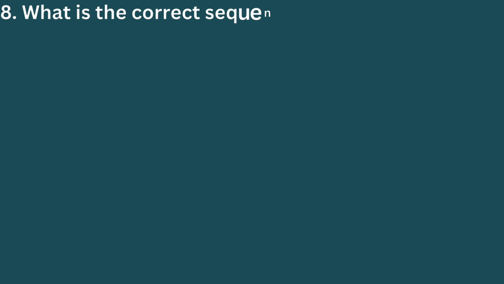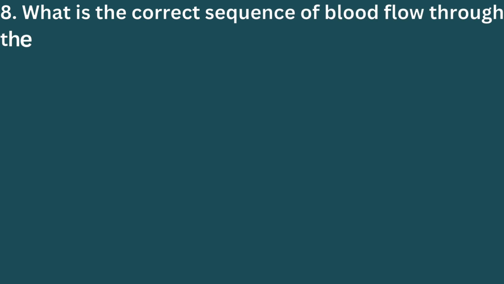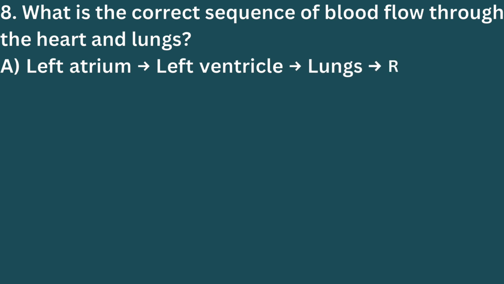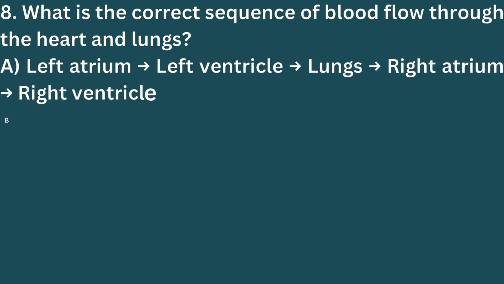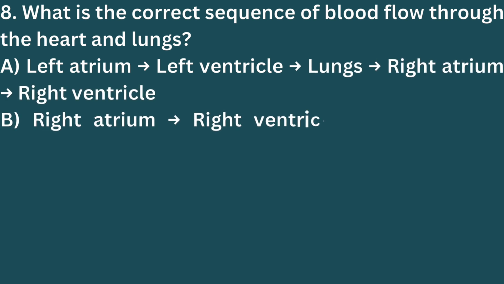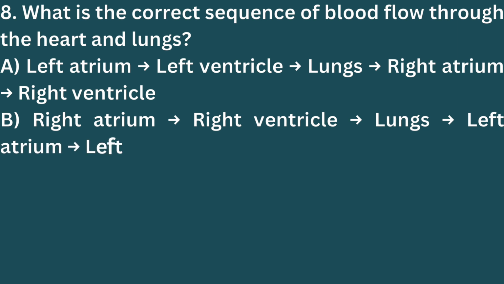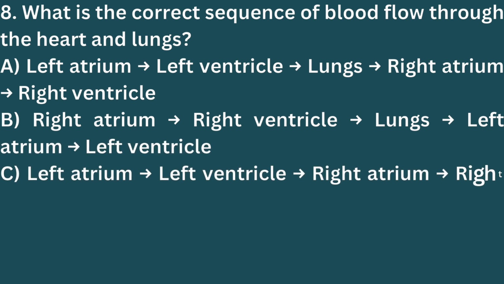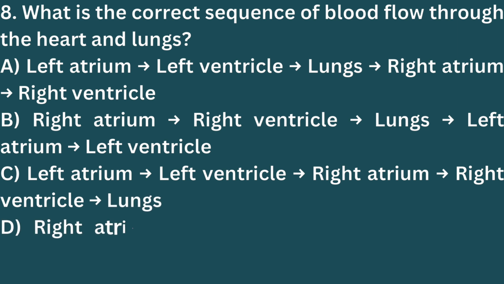8. What is the correct sequence of blood flow through the heart and lungs? A. Left atrium, left ventricle, lungs, right atrium, right ventricle. B. Right atrium, right ventricle, lungs, left atrium, left ventricle. C. Left atrium, left ventricle, right atrium, right ventricle, lungs.